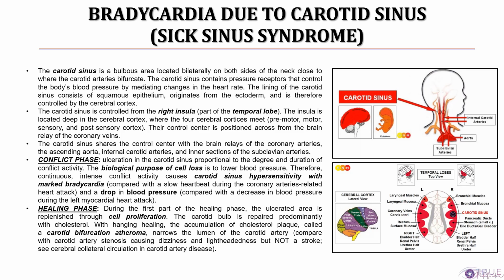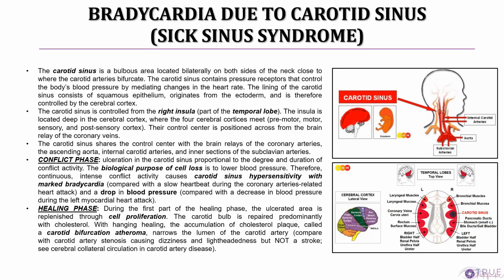During the conflict active phase, we observe ulceration in the carotid sinus that is proportional to the degree and duration of conflict activity, and the biological purpose of this cell loss is to lower the blood pressure. And therefore, continuous, intense conflict activity causes carotid sinus hypersensitivity with a marked bradycardia and a drop in blood pressure.